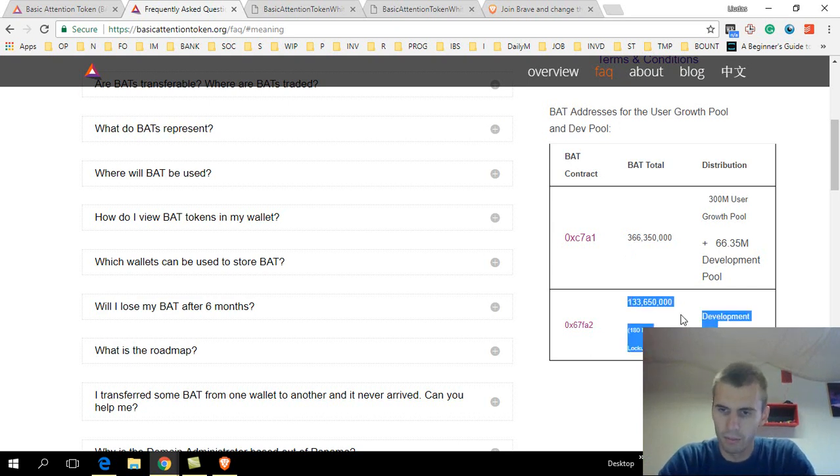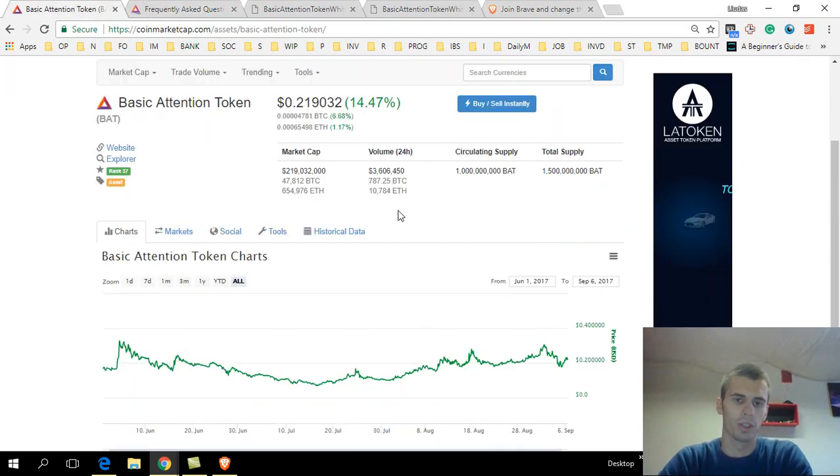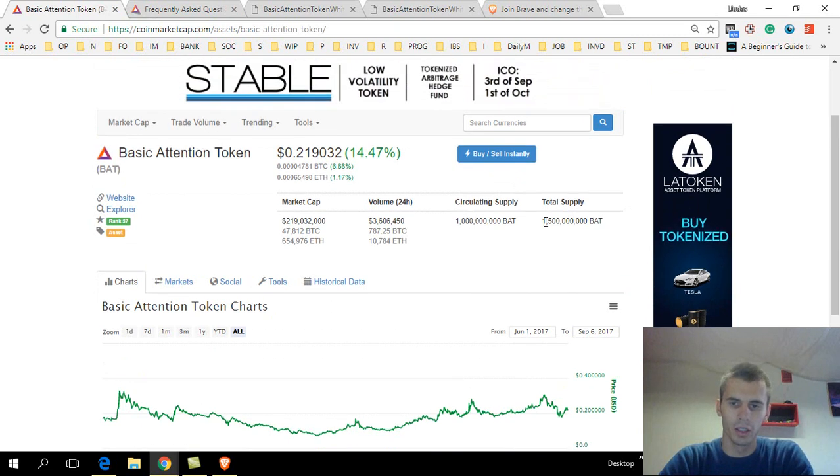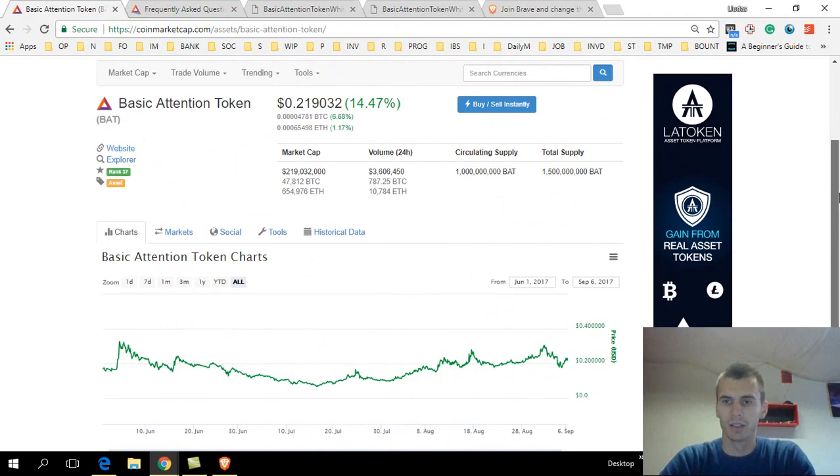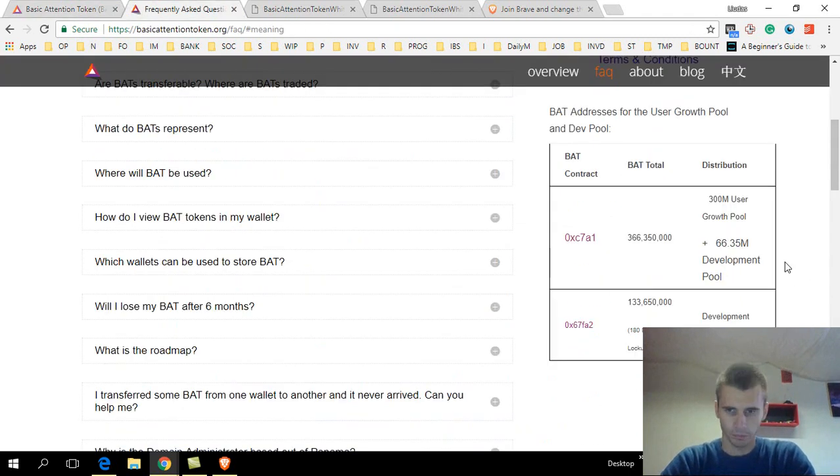This is the development pool, and this is the pool for distribution. They will be giving out tokens to join, to download the Brave browser, so to incentivize people. So the token supply will likely increase to its total supply. So there will be some drop in price, but well, it's not about that.